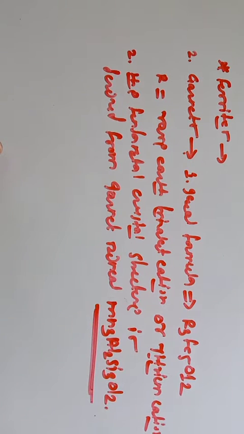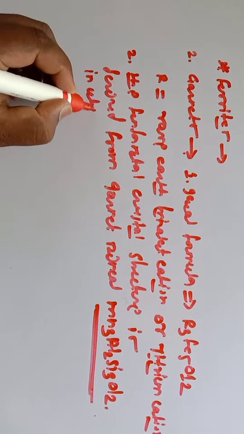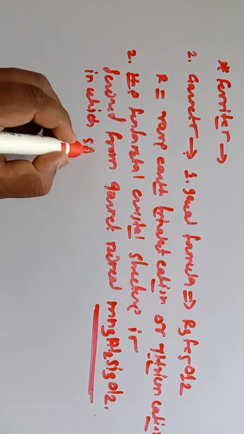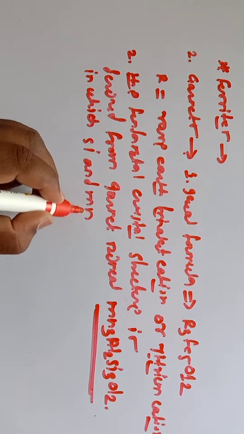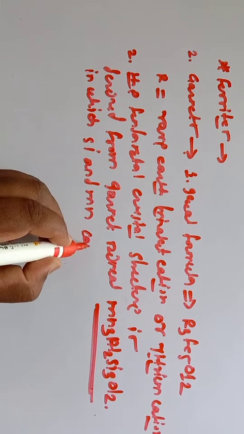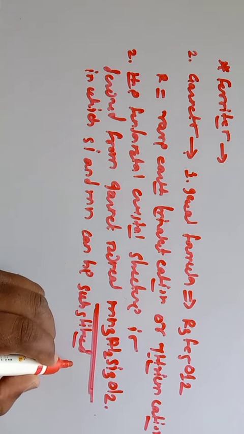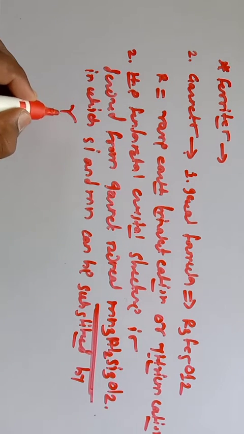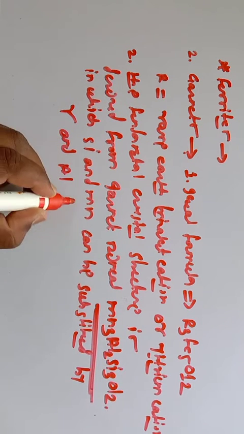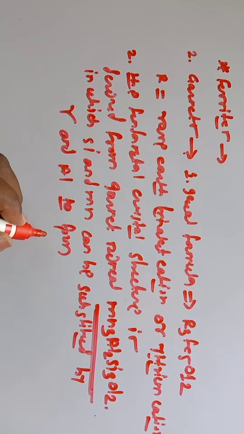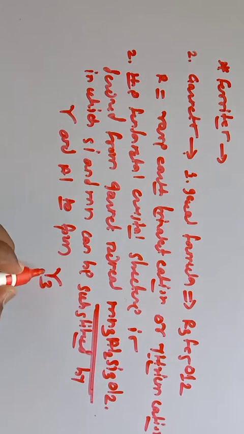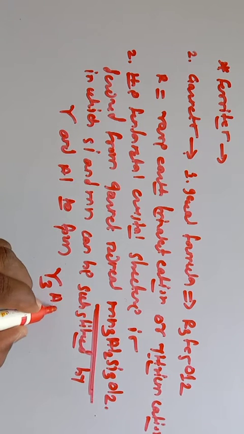So whatever the general formula, the fundamental crystal structure is derived from the garnet mineral, that is Mn3Al2Si3O12, in which silica and manganese can be substituted by yttrium and aluminium to form Y3Al5O12.